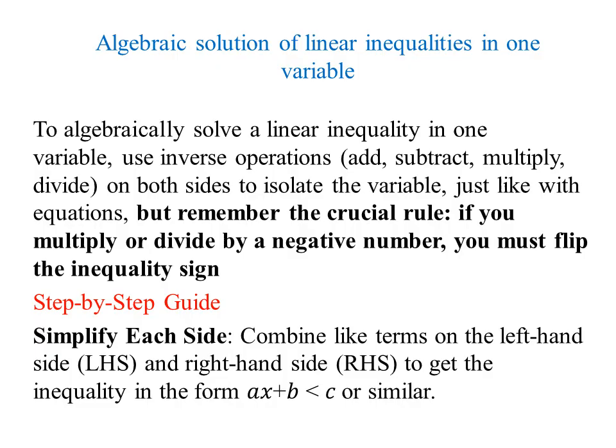After this, we move to the step by step guide. First, we simplify each side. Combine like terms on the left hand side and right hand side to get the inequality in the form ax plus b less than c or similar.